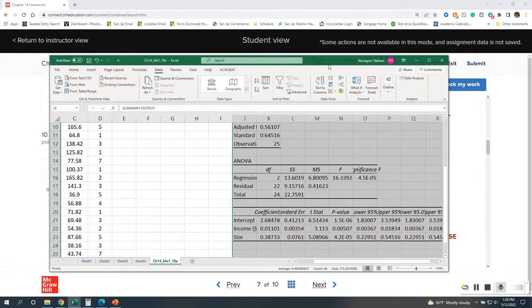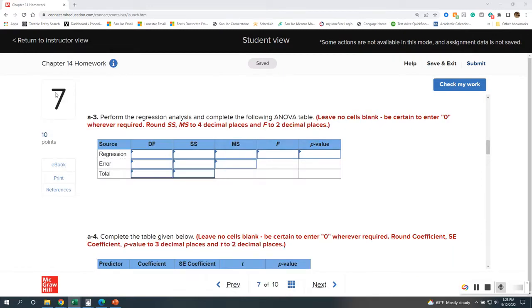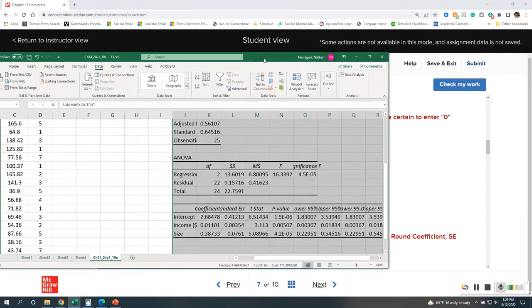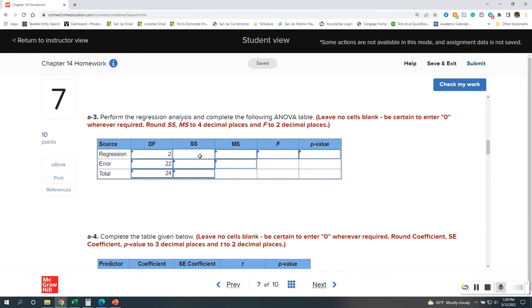Okay. So, let's see, degrees of freedom, 2. Our error has to be 22, and we're looking at 24. And again, basically it's a copy of the ANOVA. 13.61019.